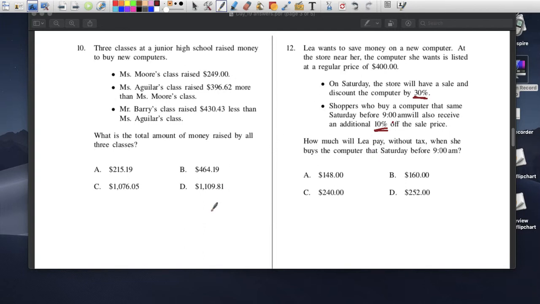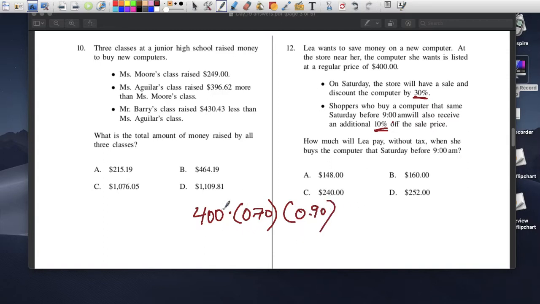Well, two ways you can do this. So the quick way, here's the computer price. After a 30% discount, she's going to be paying how much? For 70% of the value, right? You're going to have a new price, and then from that price, you're going to take another 10%, which means you're going to be responsible for 90% of the price after this first discount.